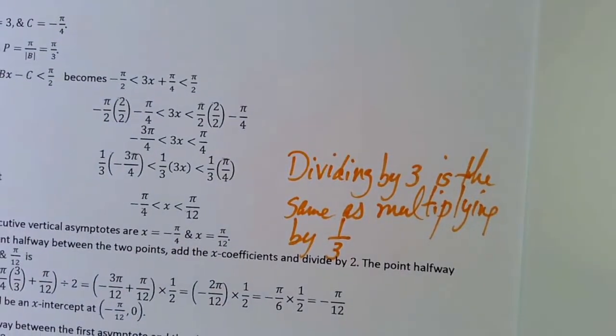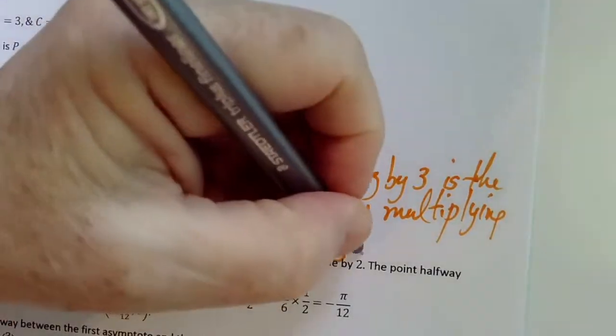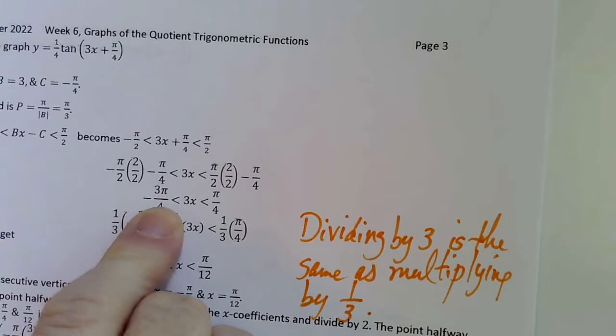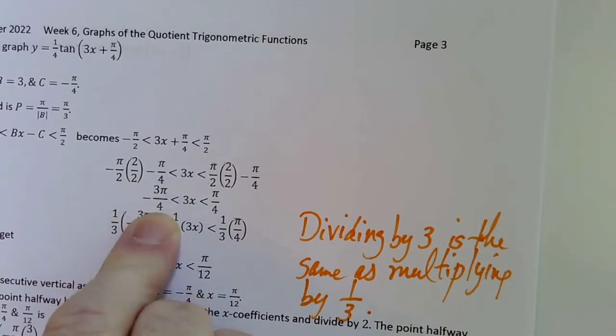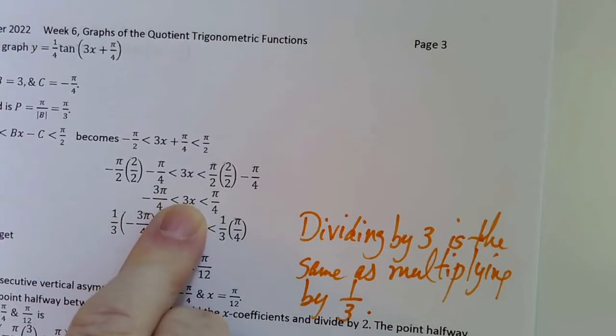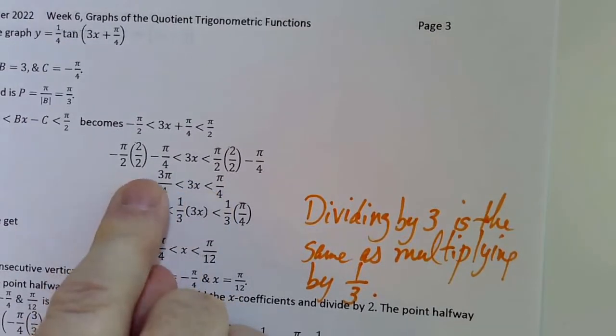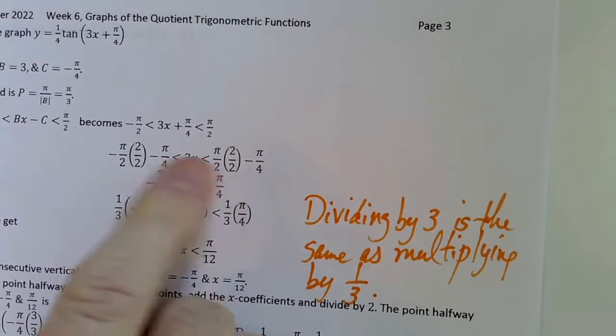Anytime you have fractions, multiplying is loads easier. So I've got negative 3 pi over 4 is less than 3x is less than positive pi over 4. I'm going to multiply every side by 1/3.